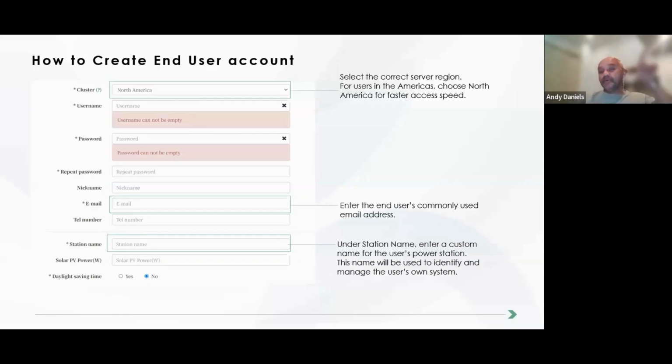So you have to get the two exactly the same. Don't create your account in North America and then let the dongle ping Europe. It'll ping Europe, and it'll just go there and sit on that server and wait to put its information somewhere. So just be vigilant and aware of that.